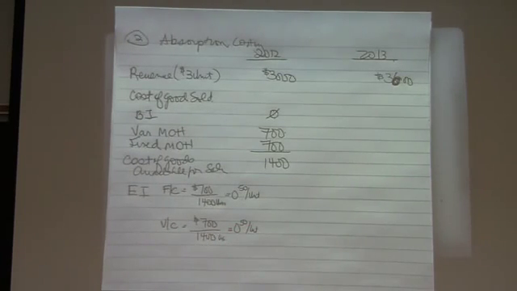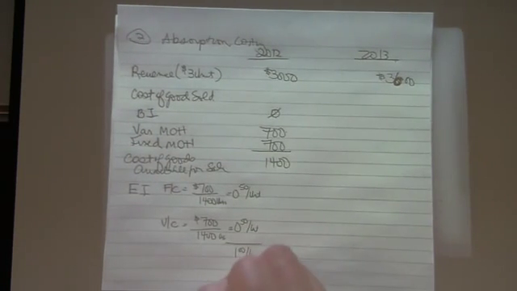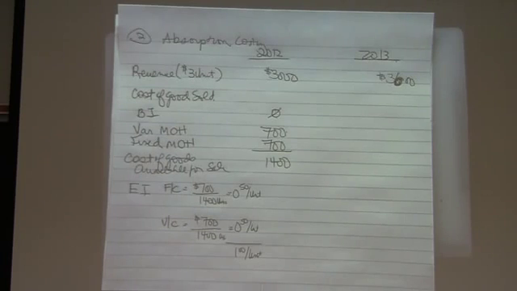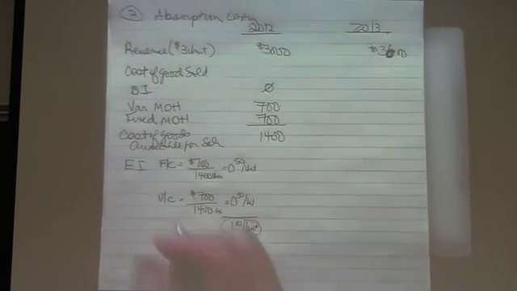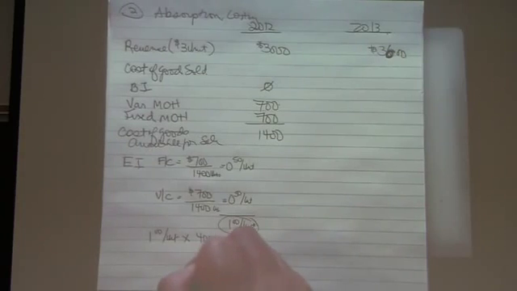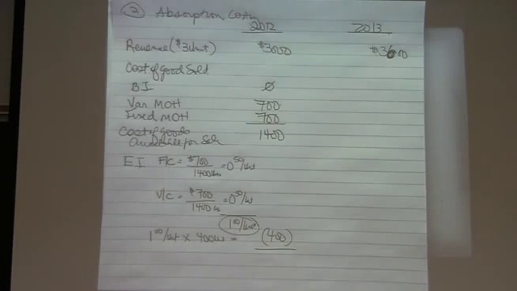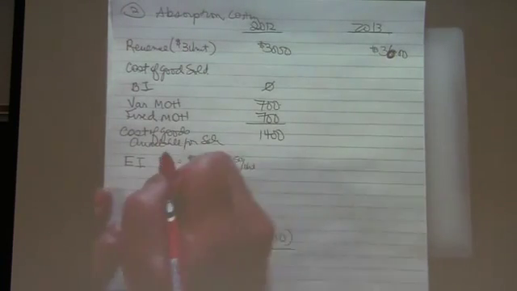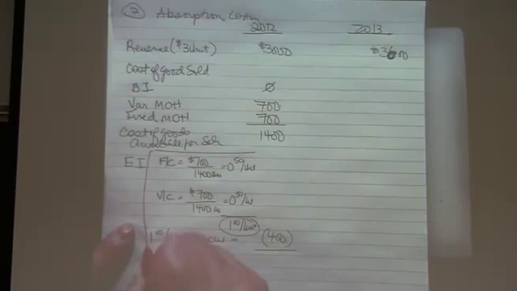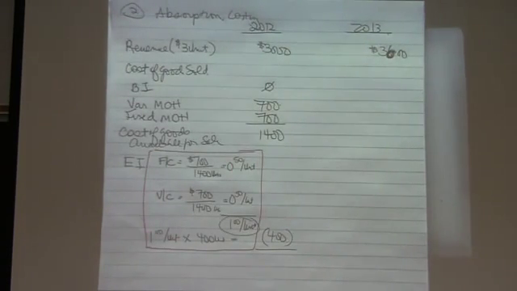So the per unit cost is $1 each. So $1 per unit times how many units are in ending inventory? 400 units gives me $400. So I just wanted to highlight this. This is how we calculate the per unit of ending inventory.